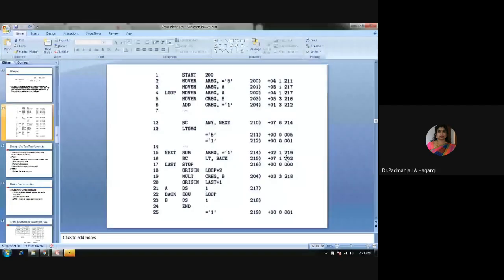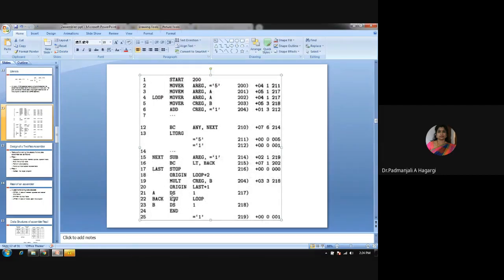Now here back also was kept as blank. But if you observe during the declaration time, back is equalized to loop. Now loop was already having a location counter processed value, which was pushed onto the symbol table, and wherever loop is used, it is equalized to back.